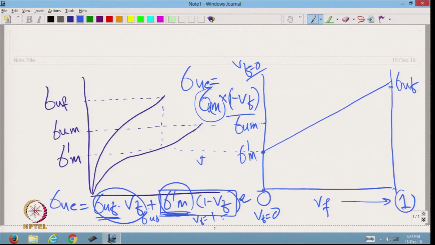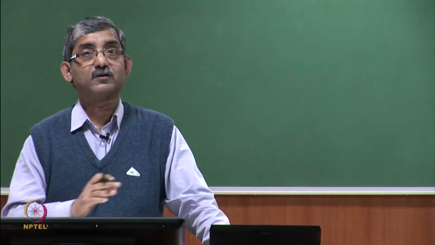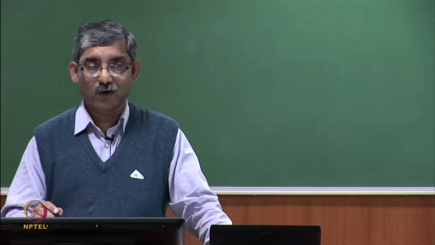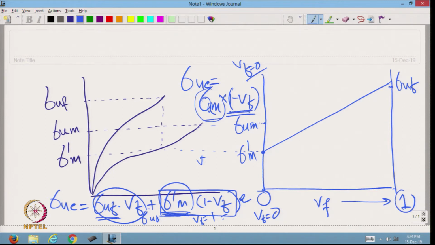And for 100% volume fraction, theoretically there is no matrix, 100% fibers are there. So, this value becomes 0, so this total ultimate stress will become 0. So, if we join, we can join with a different color.